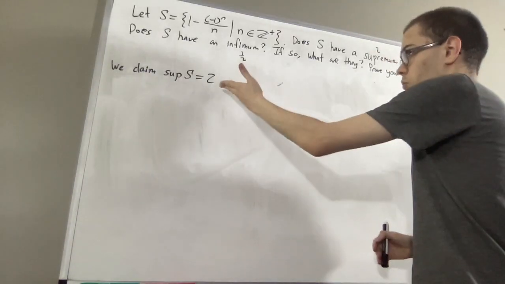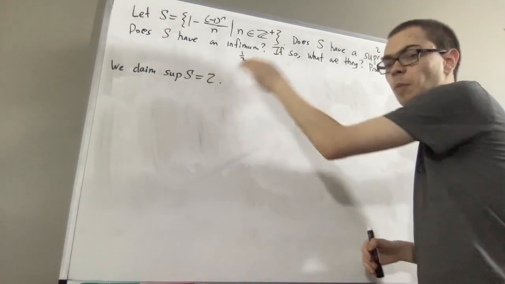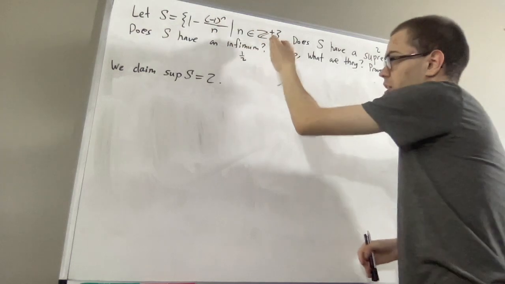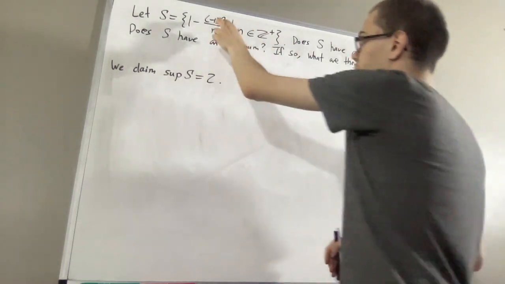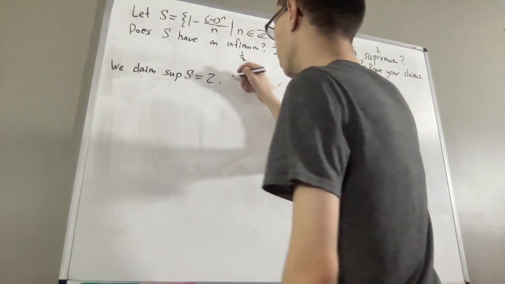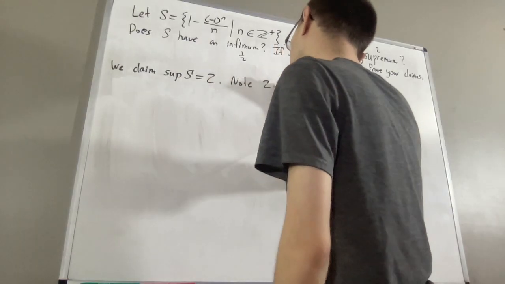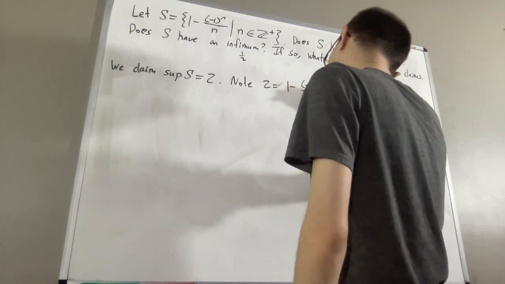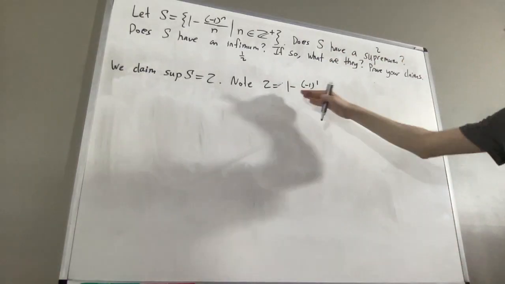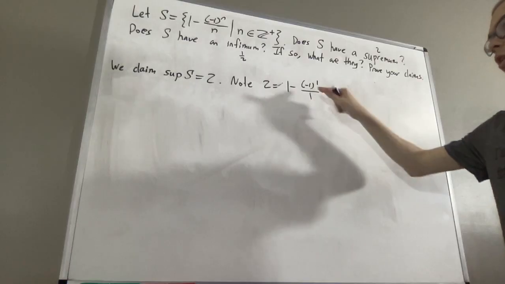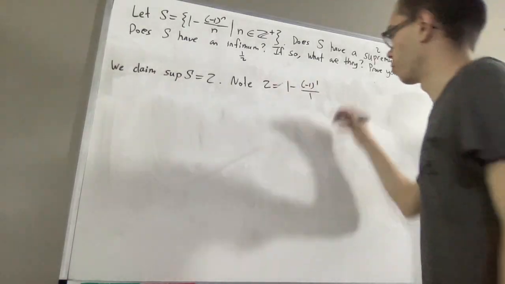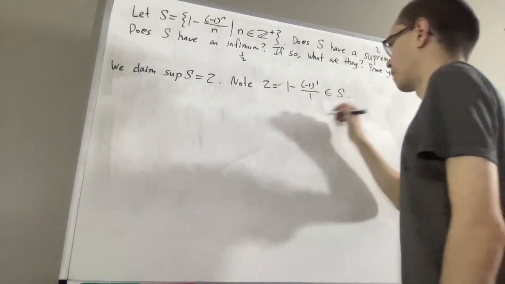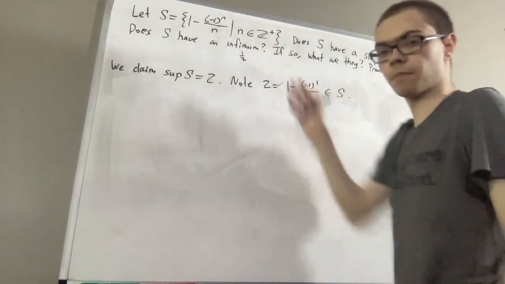First of all, to show that 2 is the maximum of S, we need to show 2 is an element of S. Well, if we plug in n equals 1, note 2 is equal to 1 minus negative 1 to the power of 1 over 1, right? Because this is just negative 1 over 1, so it's 1 minus negative 1, just 2. This is an element of S because it fits the form.